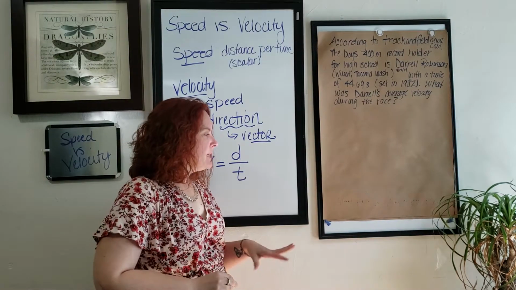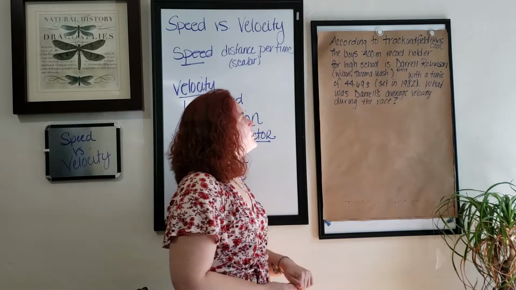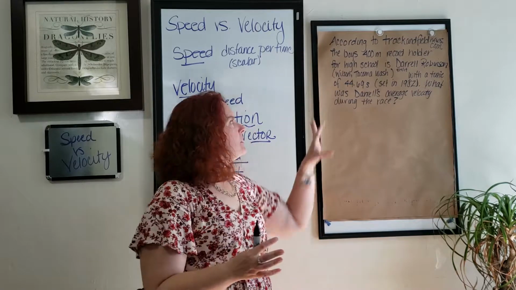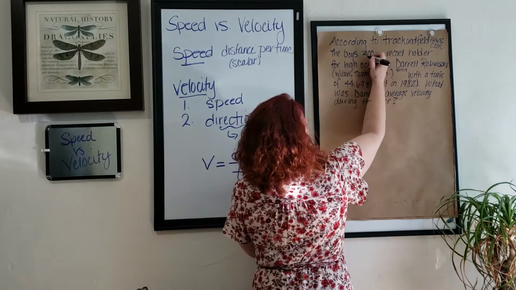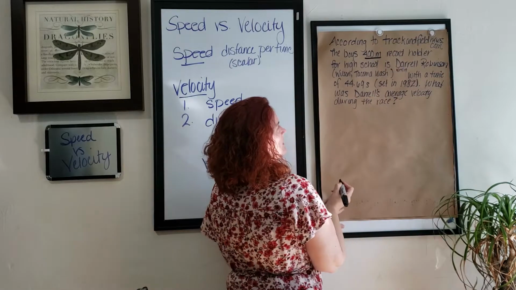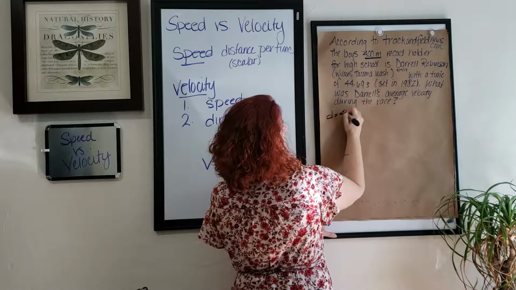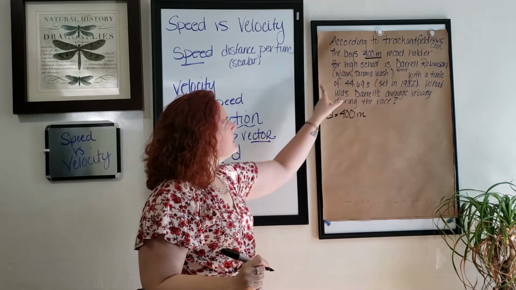Now, I wanted to point out that this is the way that I solve things, and this is how we'll go through each one. When you're taking these tests, you're going to get a lot of information. So the first thing that we have right here is our distance. Let's take an inventory. We are given a D. We keep reading.